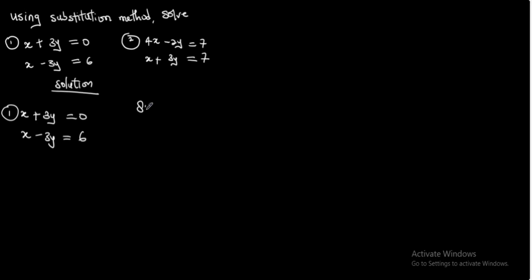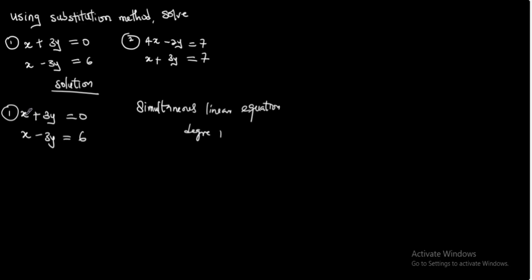This is a simultaneous linear equation. It is a linear equation because it is of degree 1. That is, the highest power in this equation is 1.